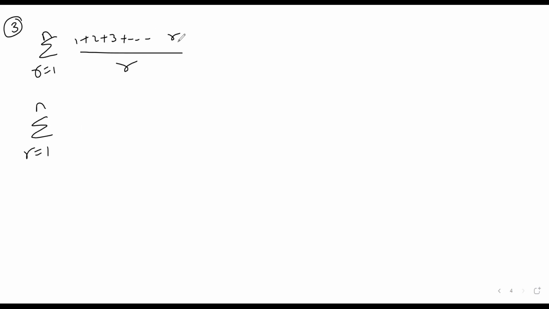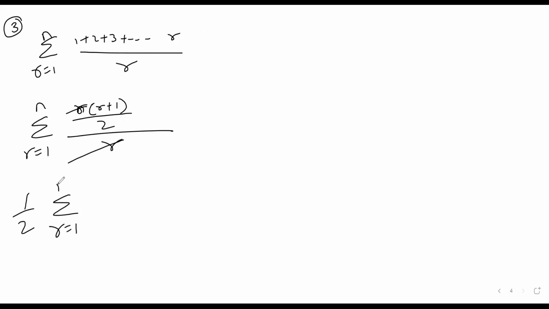This is as it is, sum of first n natural number. It will be r plus 1 by 2 whole thing upon r cancel. 1 by 2 summation r runs from 1 to n, r plus 1. So 1 by 2 summation r runs from 1 to n, r plus summation r runs from 1 to n, 1.